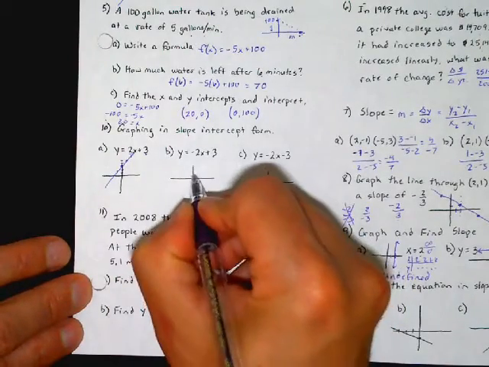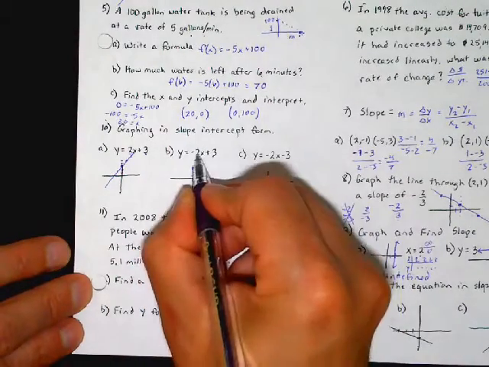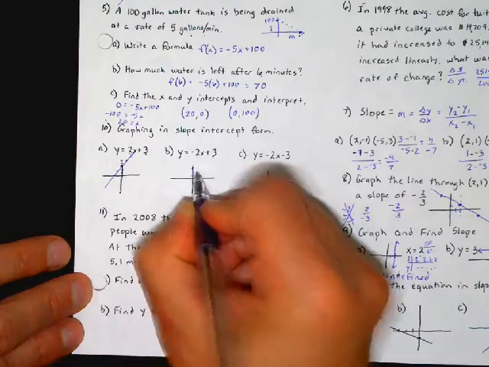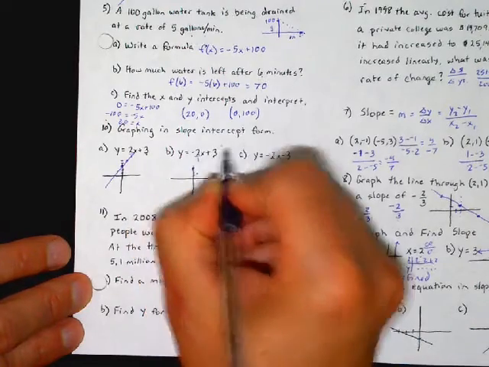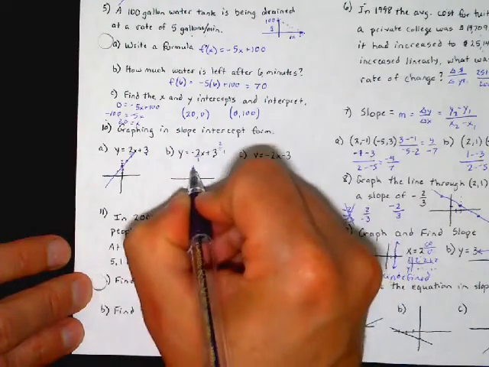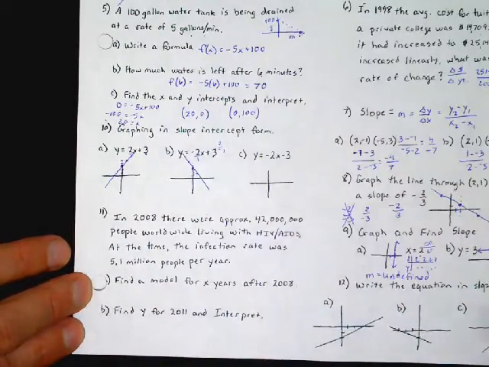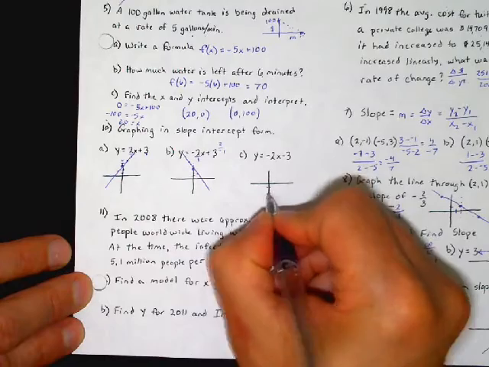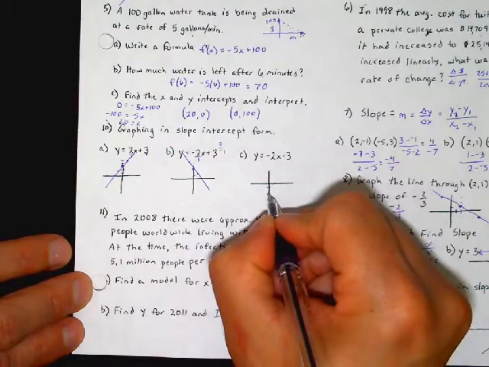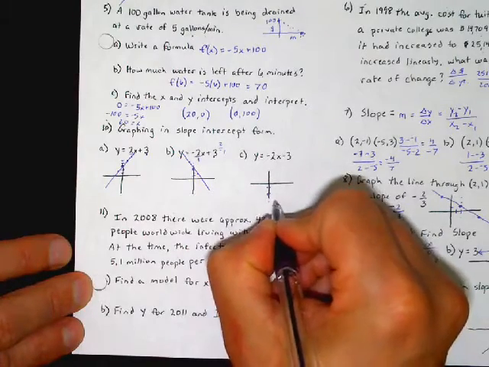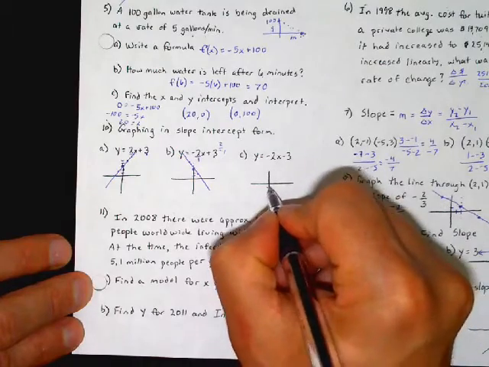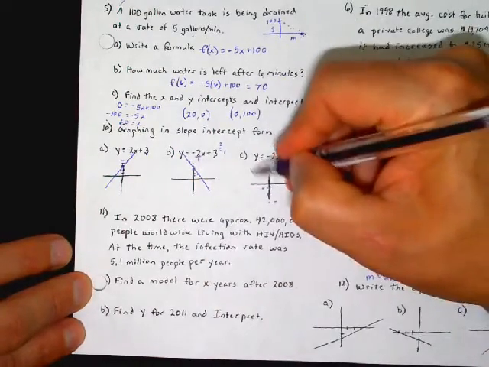Start at y-intercept of 3, negative 2, so move down 2 over 1, or I could also go 2 over negative 1, which is up 2 and negative 1, and it gives you that line there. Negative 3, y-intercept, slope goes down to positive 1, or positive 2, negative 1. Gives you your graph there.